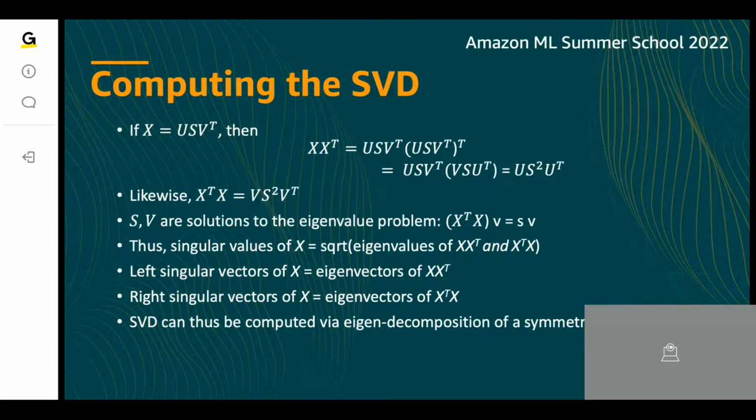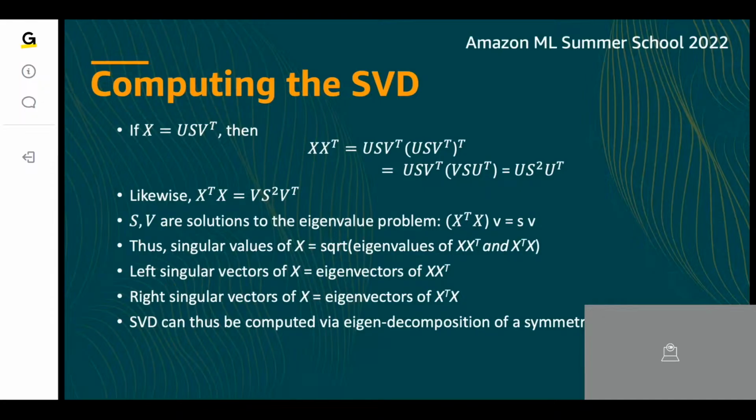But if you realize the structure, for a given matrix X, if you take X times X transpose, it turns out to be U times S square and U transpose. Similarly, X transpose times X becomes V S square times V transpose.